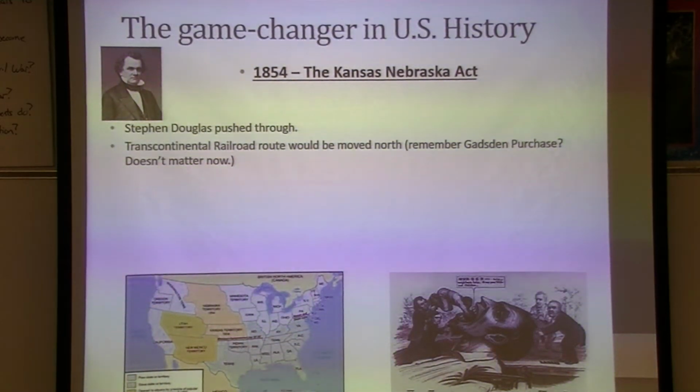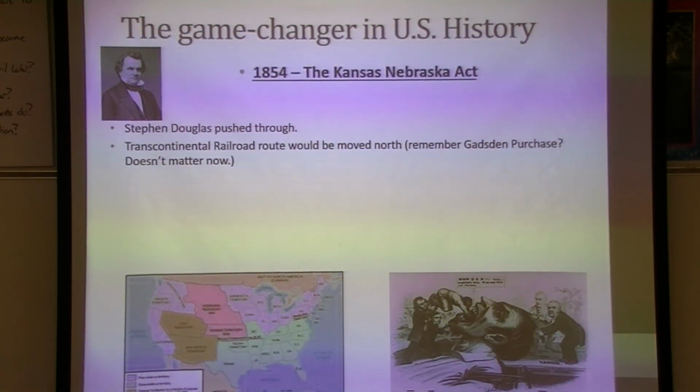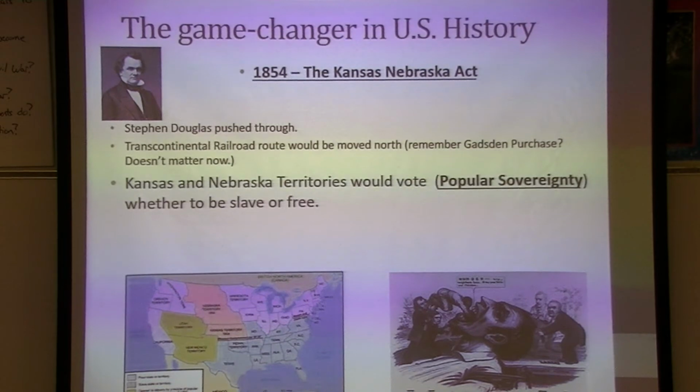So Stephen Douglas was right about the future for his state of Illinois and Chicago. But the way that he was able to get this is that the areas that were supposed to be free, the Kansas-Nebraska territories, were split up and they were able to then vote whether to be free or slave. This upset a lot of Northerners because they always knew they were going to be free, because the Missouri Compromise said everything above the 36°30′ line was going to be free.